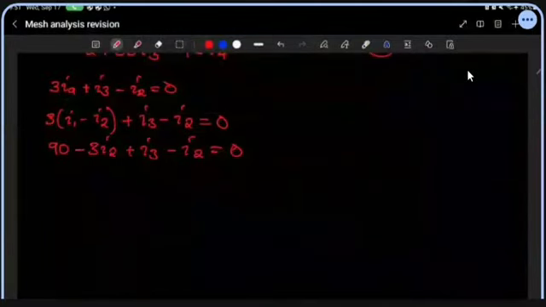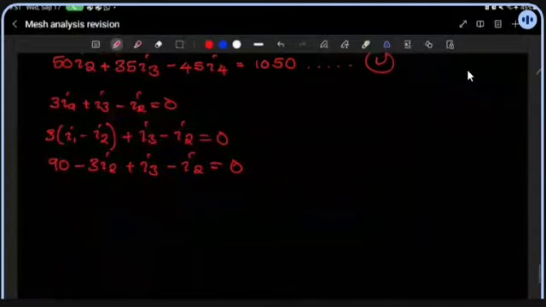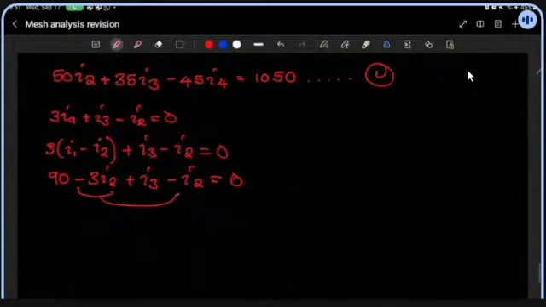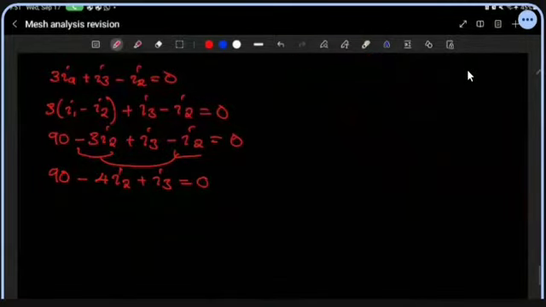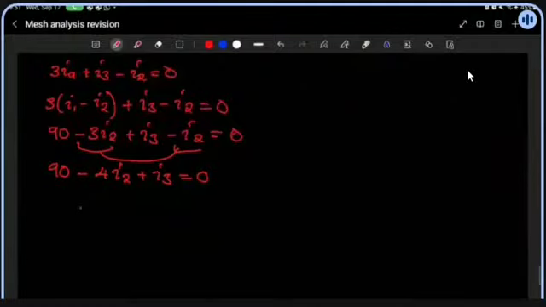Okay, so now this is what we have. So this and this are like terms, they'll go to minus 4. So you now have 90 minus 4I2 plus I3 is equal to 0. So here we can even make I3 the subject. I3 will be equal to 4I2 minus 90.